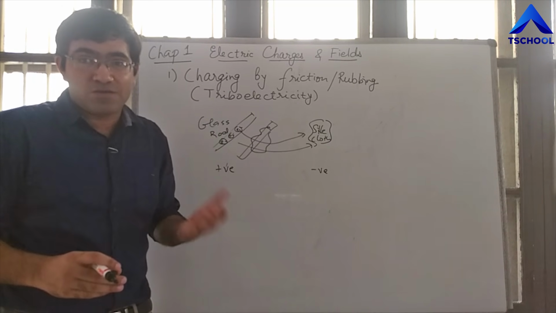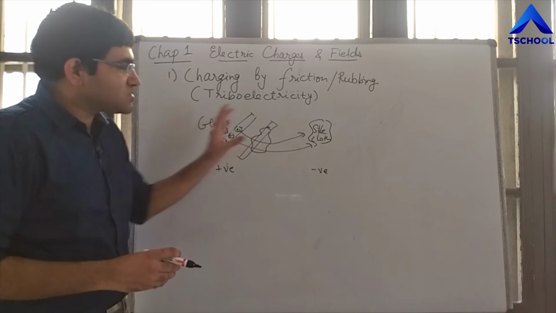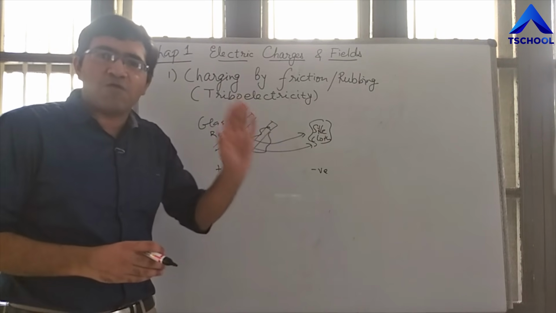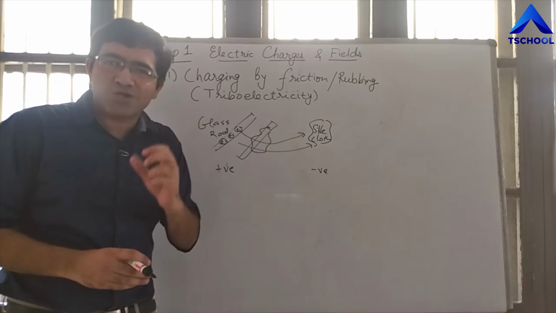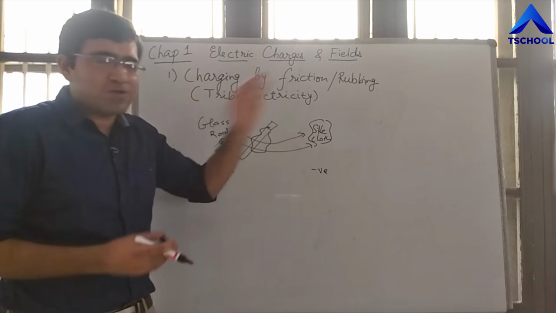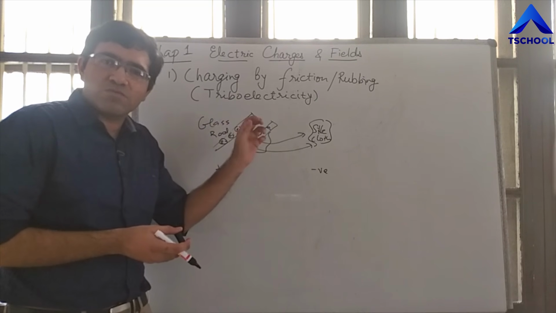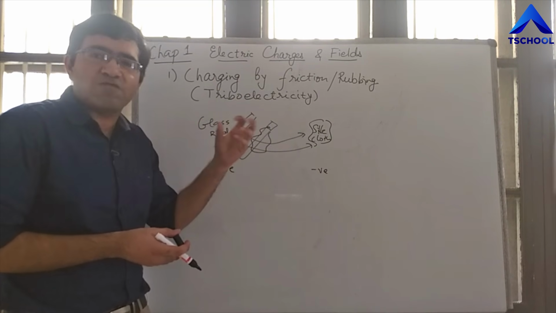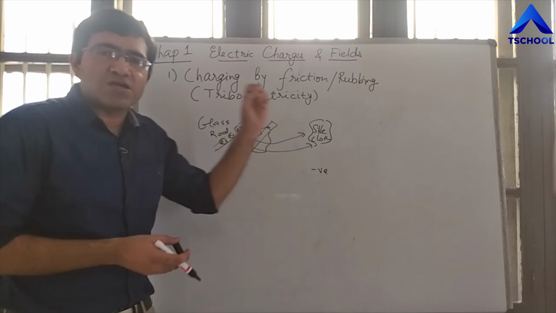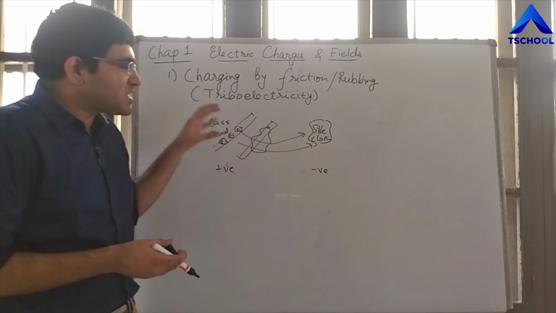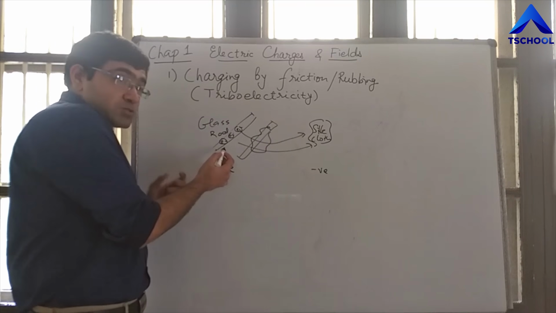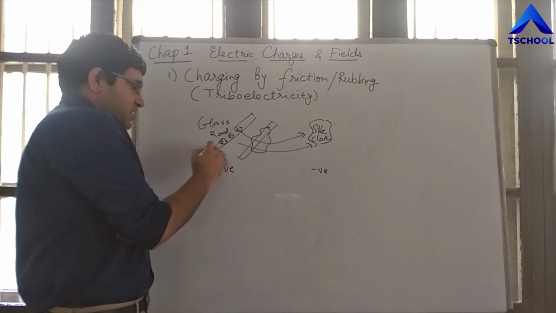All right, so this is the modern understanding of how objects get charged when they are rubbed against each other. Basically it's a transfer, a movement of electrons going from one object into the other. Whichever object loses electrons becomes positively charged. Let me write that here.